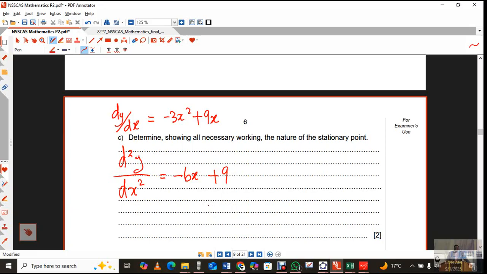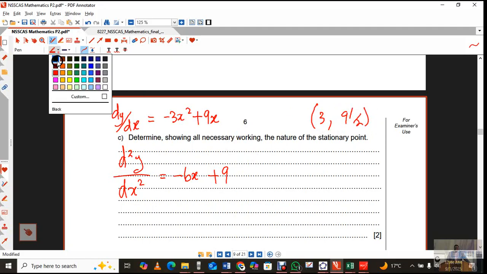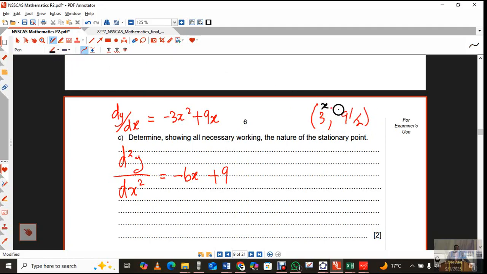Now, they are saying we have a point, remember? Determine the stationary point. The stationary point was the point 3 comma 9 and a half, and I'm really interested in the x value, because this is in terms of x. So when you have the second derivative and x is equal to 3, what is that giving me?